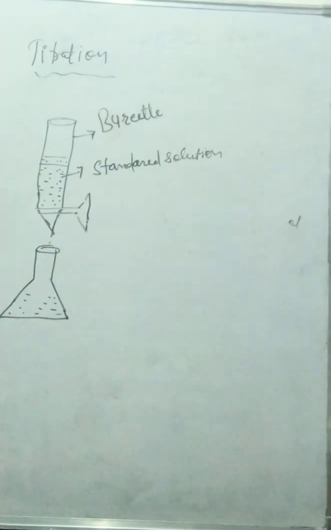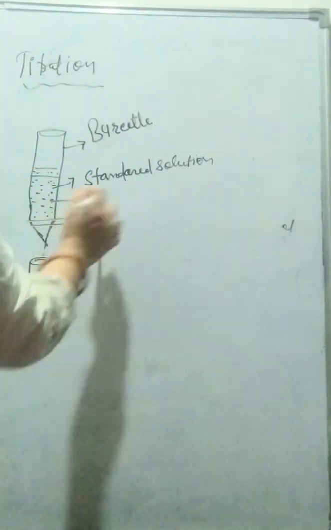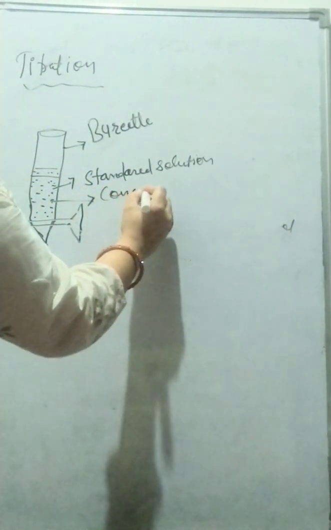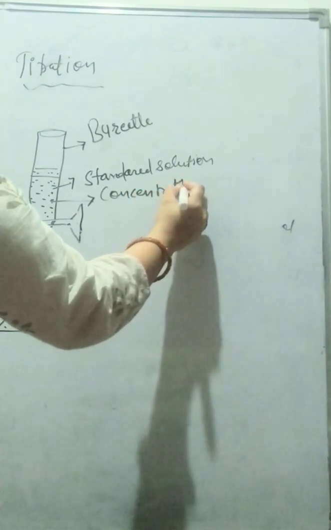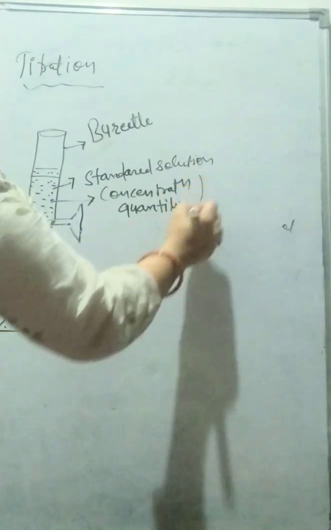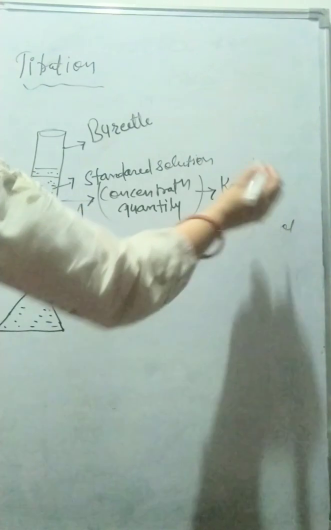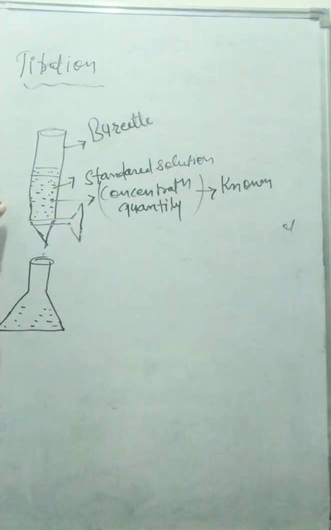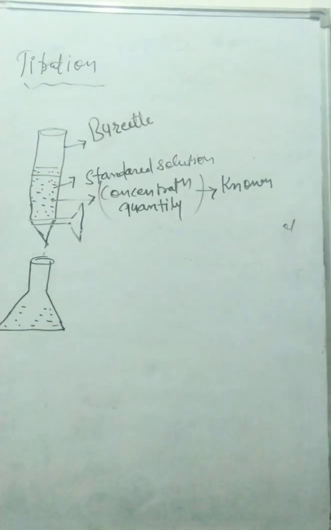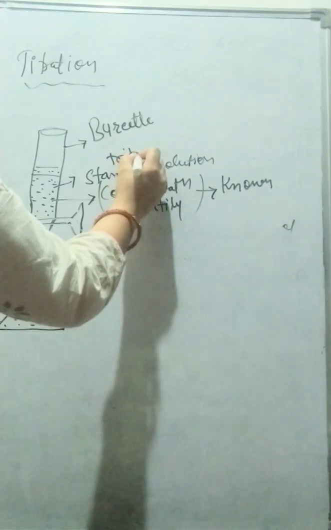The concentration and the quantity of this solution is known. Okay, so we know the concentration and the quantity of this solution, and this is called the standard solution, and this is also called the titrate.